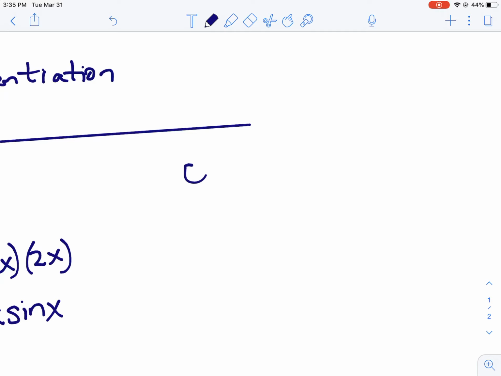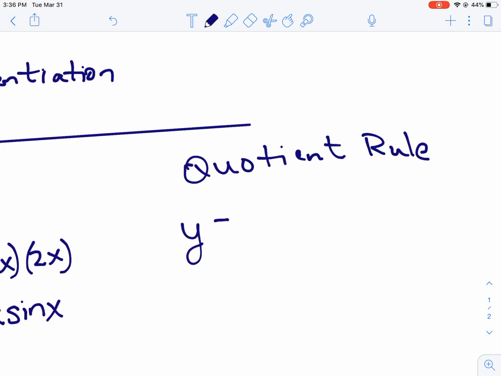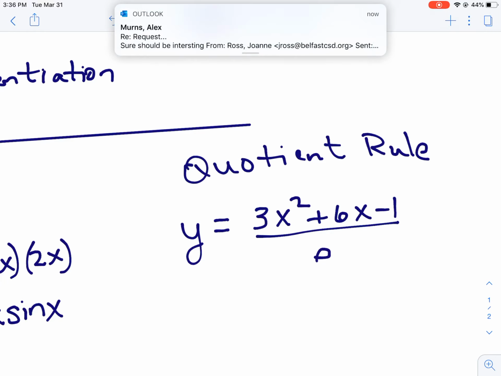Quotient rule. I have this example. y equals 3x squared plus 6x minus 1 over e to the x.